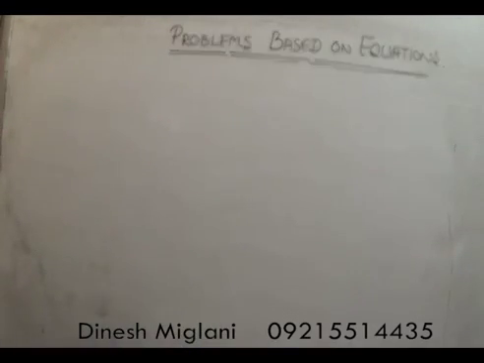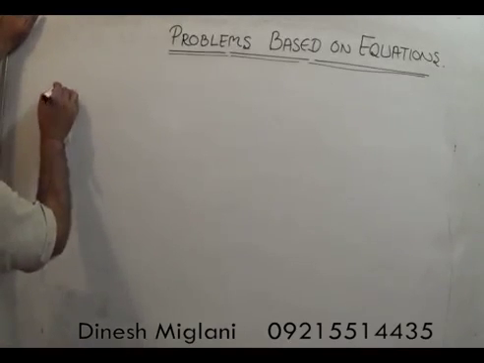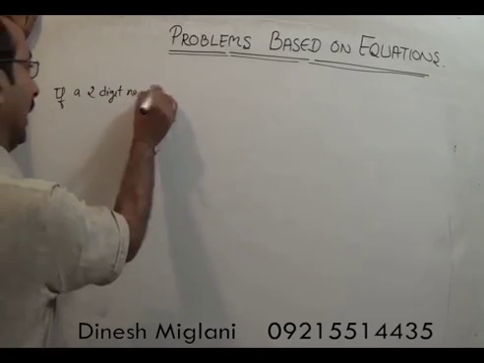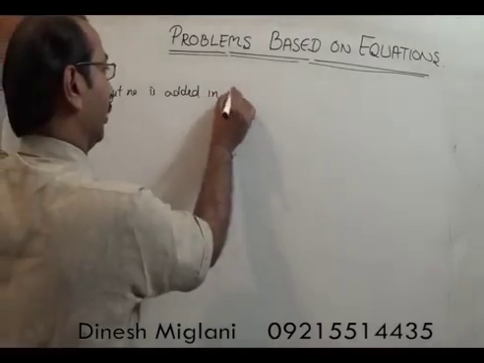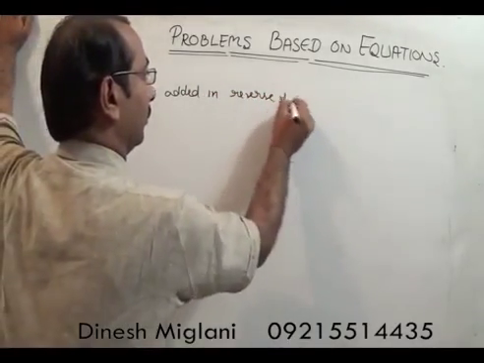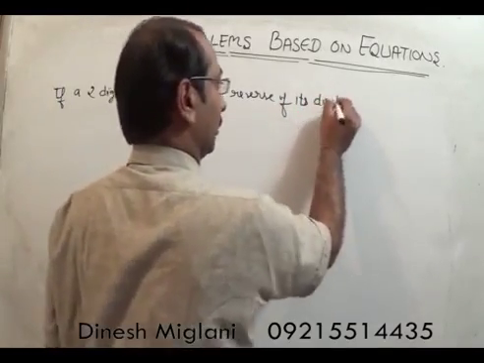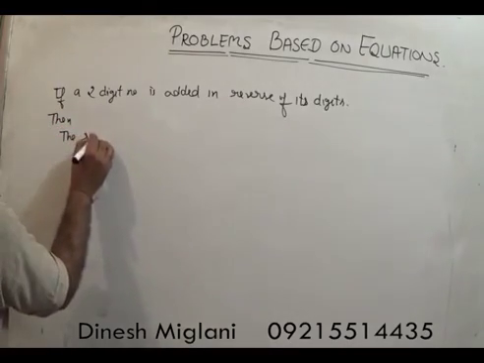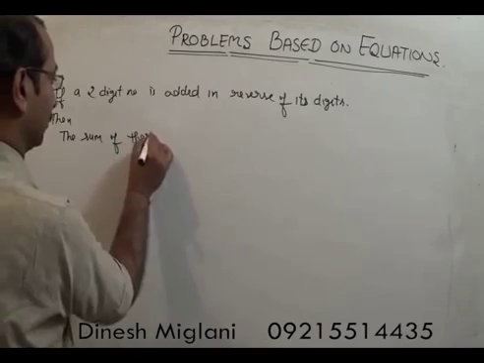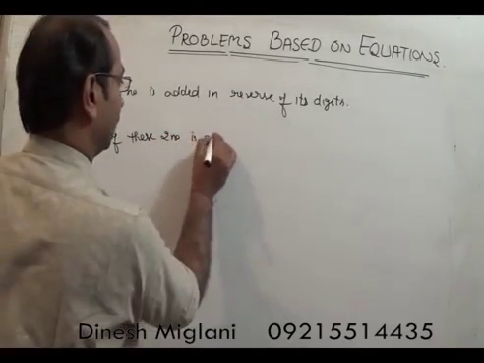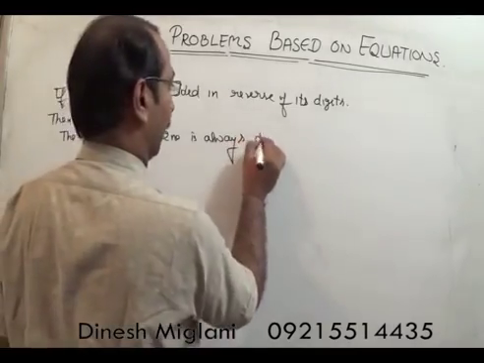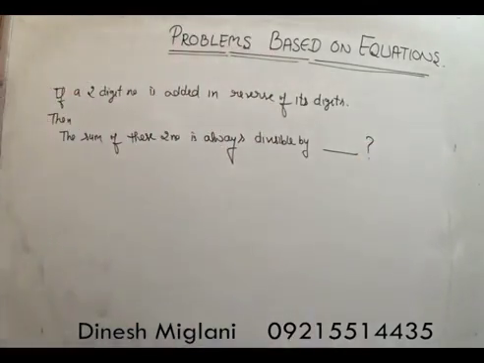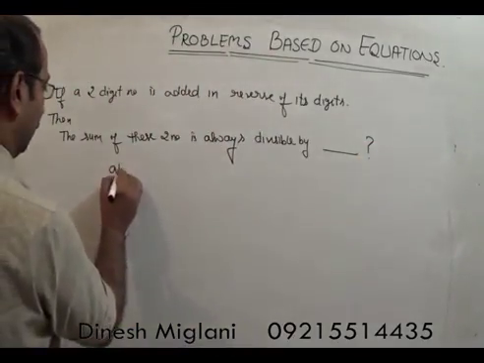For example, if a two-digit number is added to the reverse of its digits, the question is, then the sum of these two numbers is always divisible by what? Suppose my number is AB, reverse is BA.